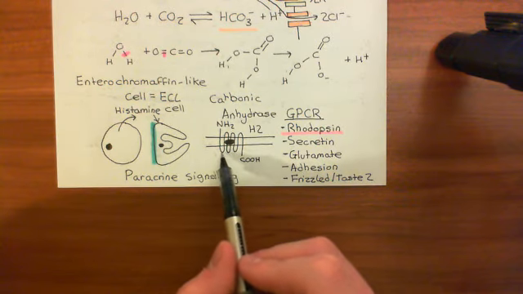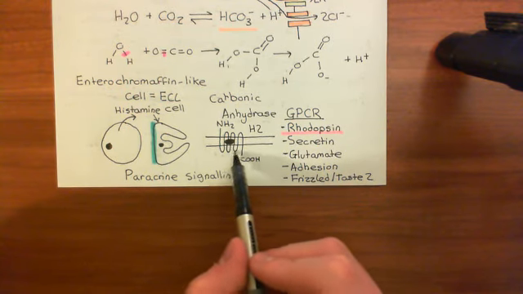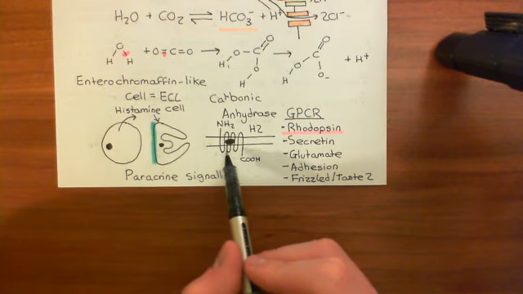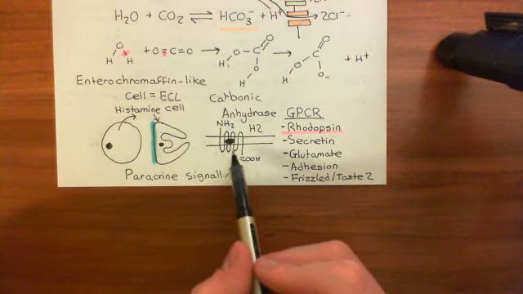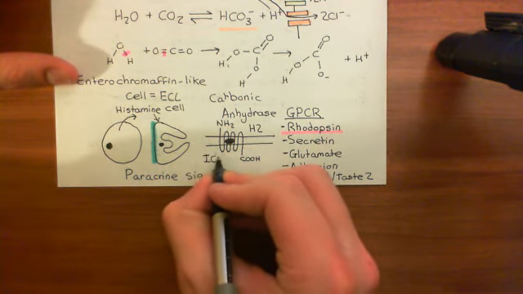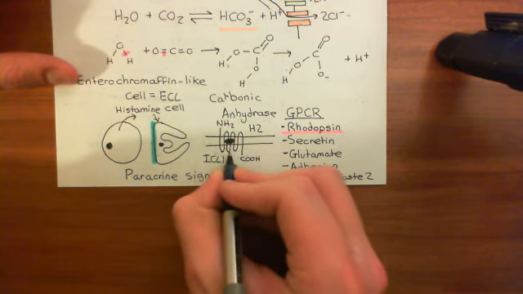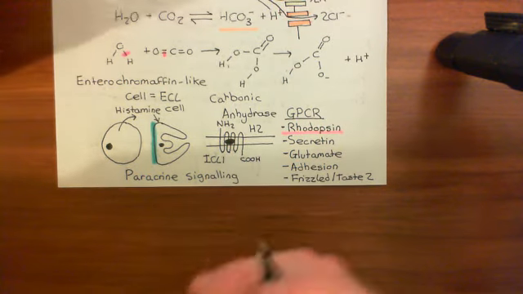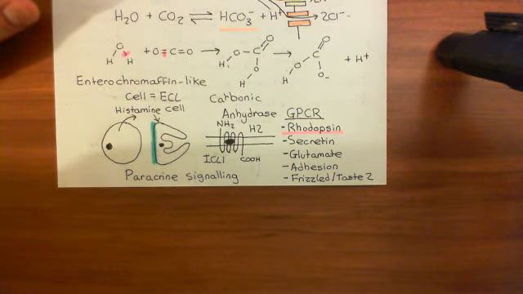So we have 3 intracellular loops, labeled intracellular loop 1, intracellular loop 2, intracellular loop 3, or ICL is short for intracellular loop. So this is ICL1, ICL2, and ICL3. And basically these intracellular loops make up a domain which binds to heterotrimeric G proteins.